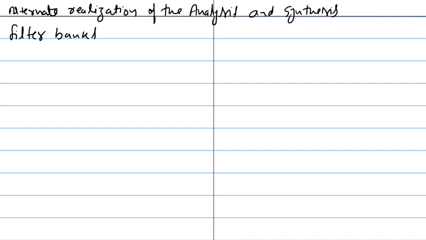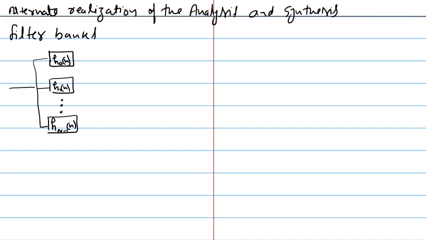Let me sketch it for you. We have H naught n, H1n, H of n minus 1 n, and xn is the input.